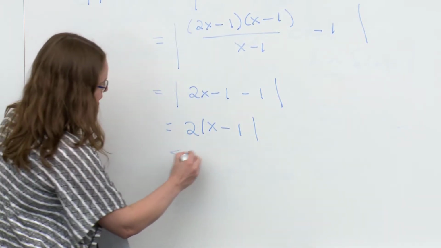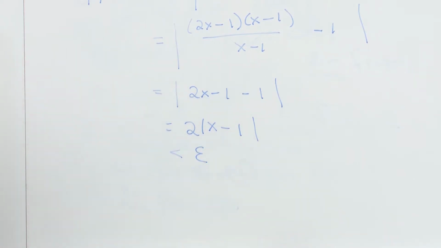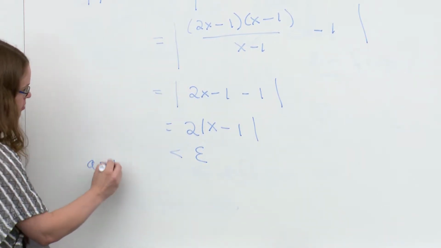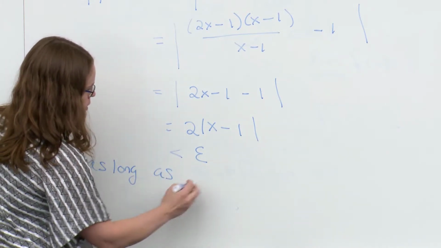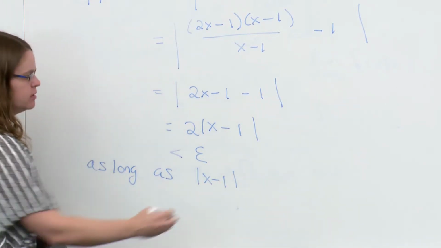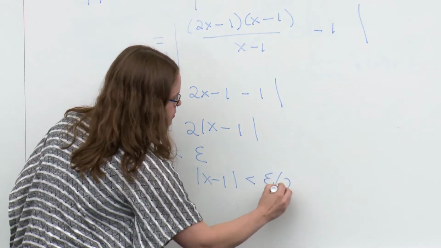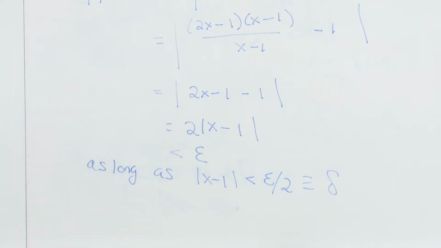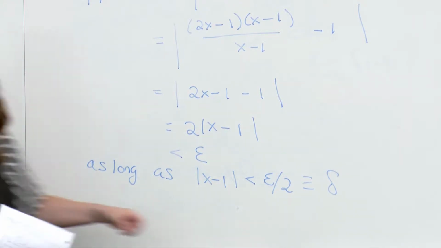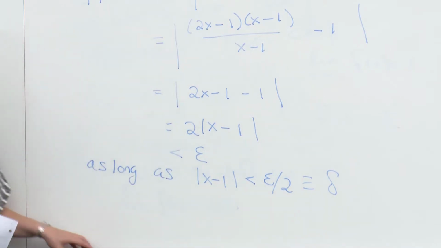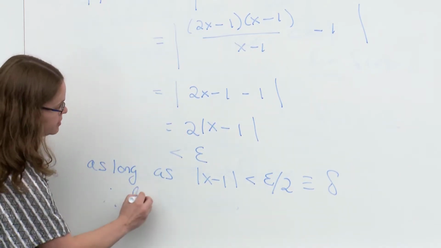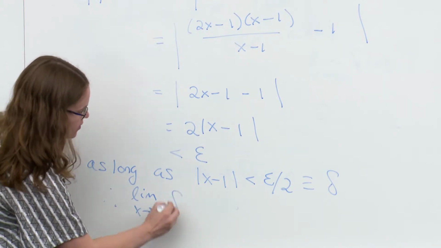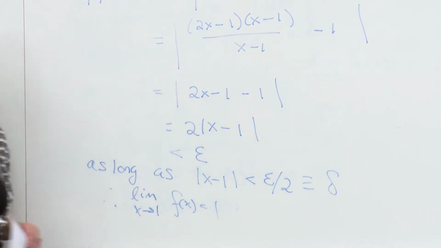So if I want to make this less than epsilon, sure, this works as long as x minus 1 in magnitude is less than epsilon over 2, which becomes my delta. And again, that's it. That's the whole rigorous argument that indeed the limit as x approaches 1 of f of x is equal to 1.